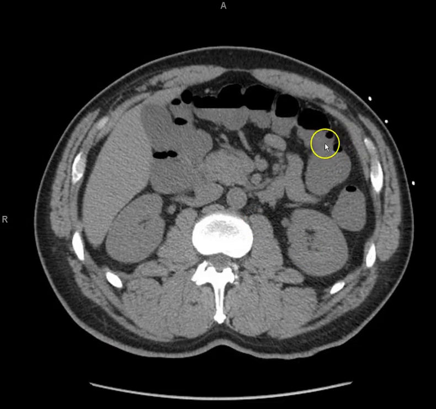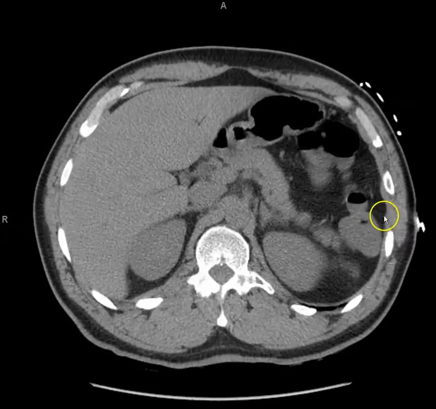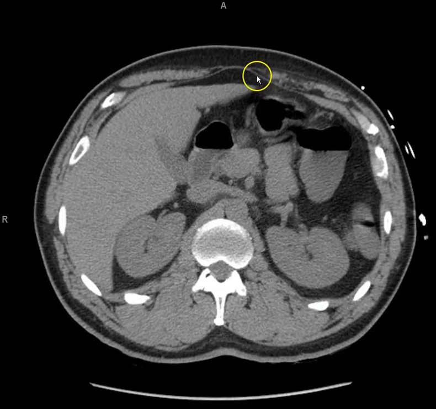So if you look here, what do you see going across in the front here? Is that the transverse colon? Yes. Large. You can kind of see the haustra, a little bit of stool and air, right? Uh-oh, it's frozen. So let's come down a little more. As you go down here, look at this midline.